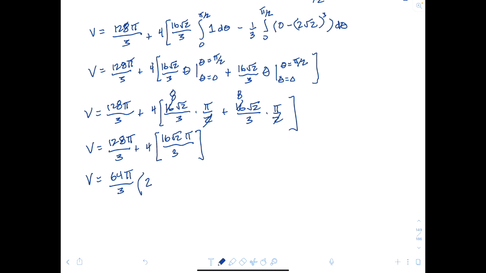And let's see, so 64, so then we'd have 2 plus root 2 pi. Oh, not pi, just root 2 cubic units. Crazy, huh?